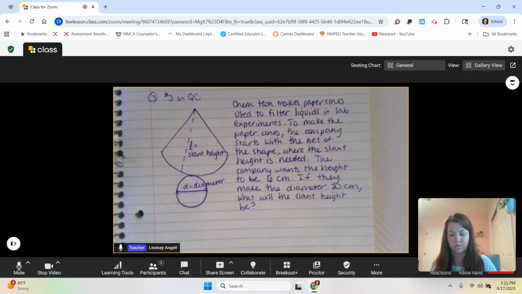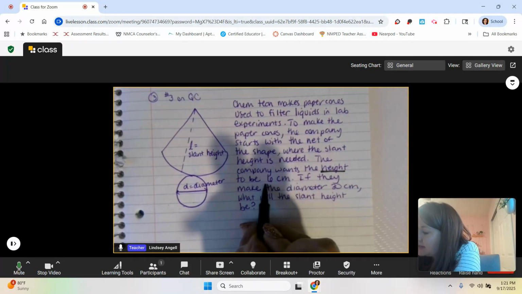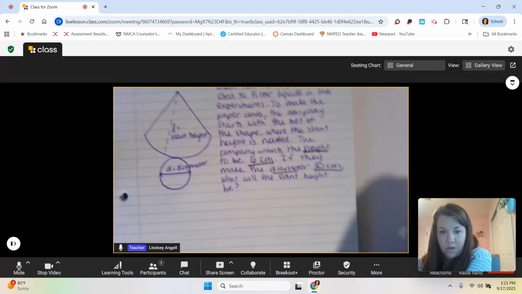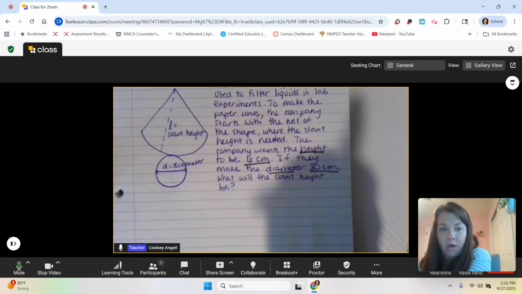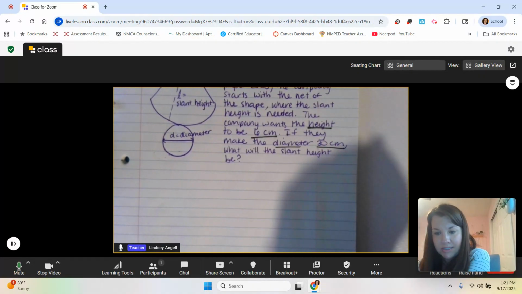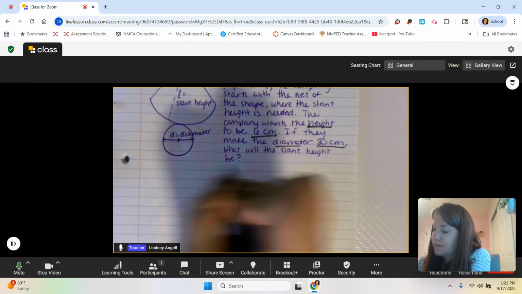So we're given the height. The height is 6 centimeters, and the diameter is 30 centimeters. But I don't need the diameter. I don't need to go all the way across, right? I only need to go halfway across, because that's where we measure the height from, the center of the cone, right? So that would be right there, which also gives me my radius.